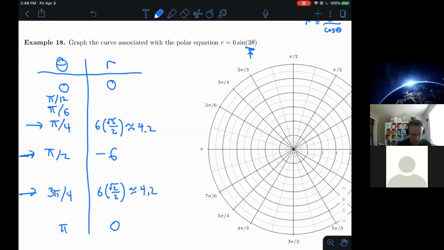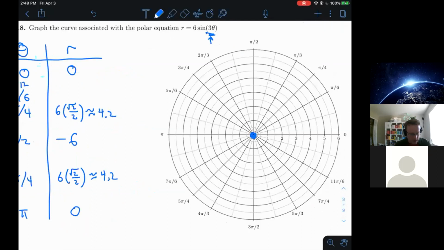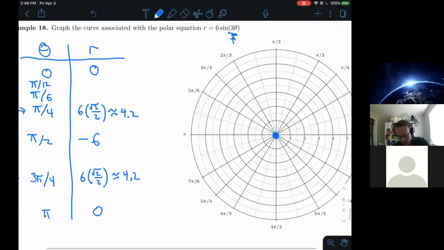And so we could go ahead and start plotting at least these ones here. If I plug in 0, I get 0. If I look in the pi over 4 direction, I need to take a step 4.2 out. If I take a look in the pi over 2 direction, so straight up and down, I need to go -6.